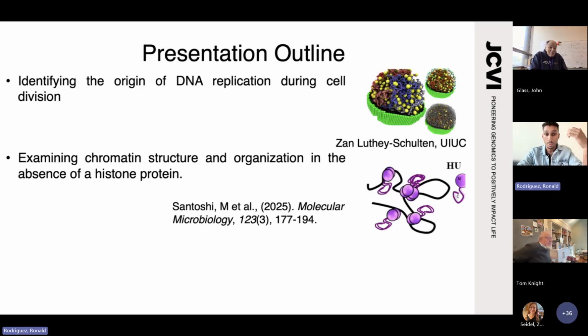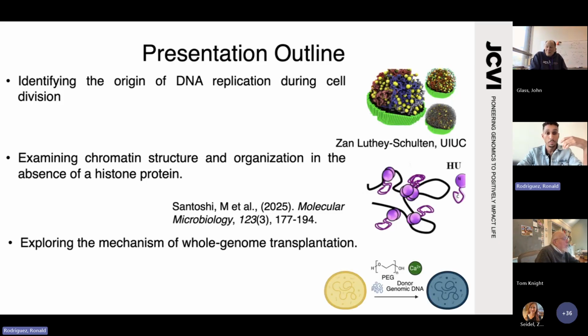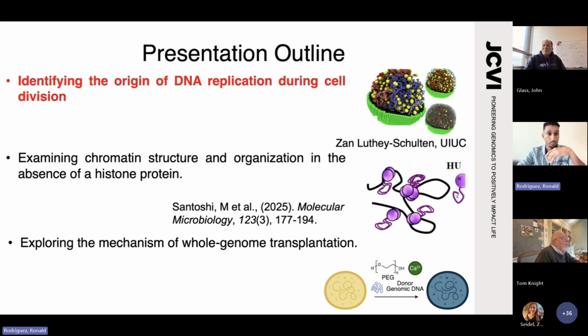We heard Roseanne talk about that earlier and how we think that is influencing chromatin structure and organization in our minimal cell. And then unrelated, but related to what Zumra talked about in the previous presentation, trying to understand exactly how whole genome transplantation works and some experiments that we're trying to establish to try and figure that out.